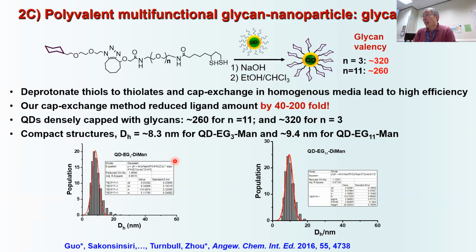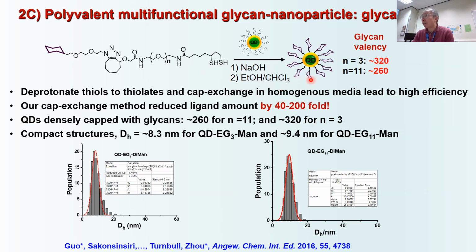What we have come up with is our glycan ligand. Here we first use sodium hydroxide to deprotonate the thiol to make them thiolate. Thiolate binds much stronger to the quantum dots. We also perform the cap exchange in a homogeneous solution.